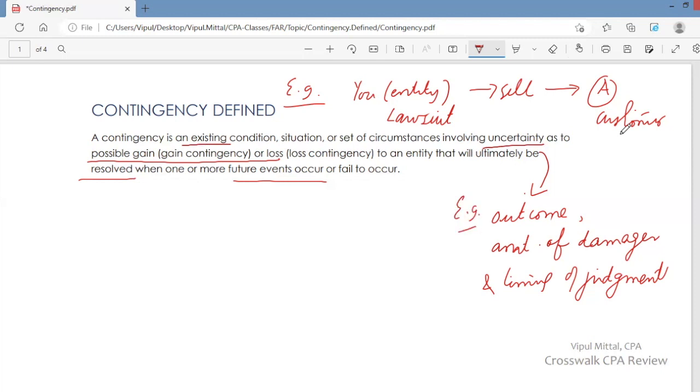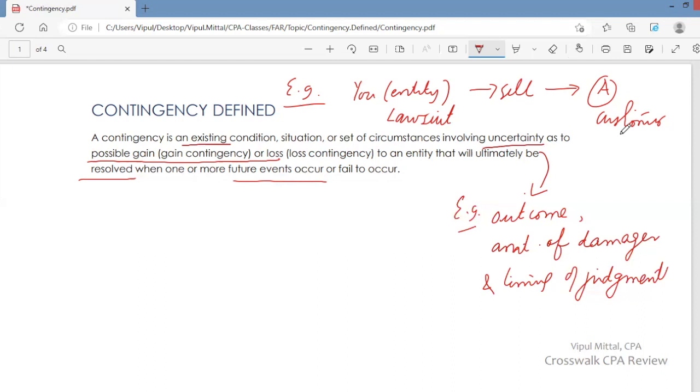So a contingency is an existing condition, situation, or set of circumstances involving uncertainty as to possible gain or loss to an entity. And this contingency may be a loss contingency or a gain contingency.